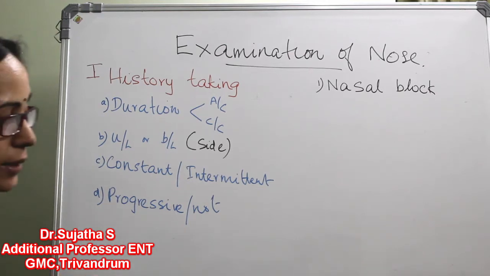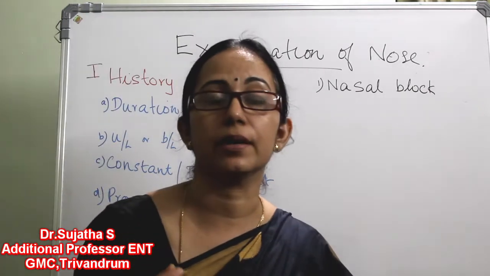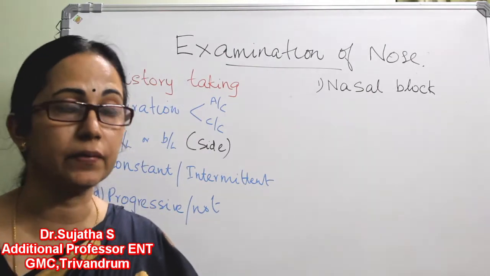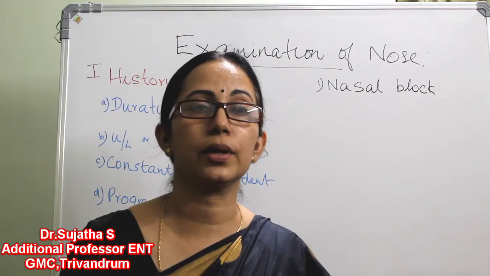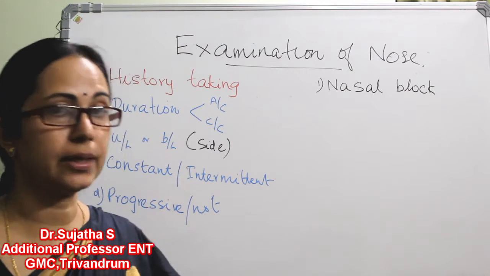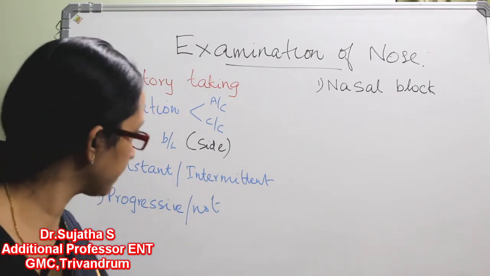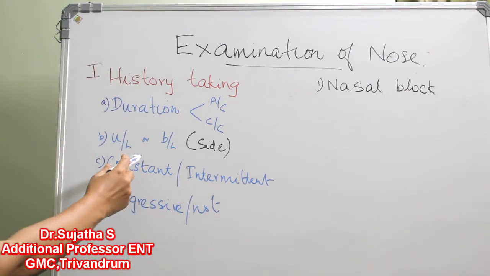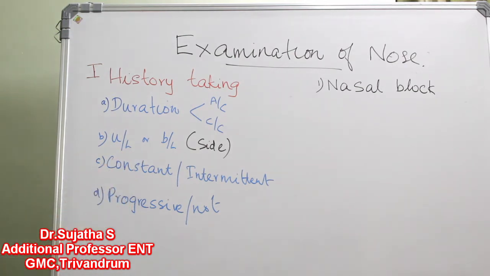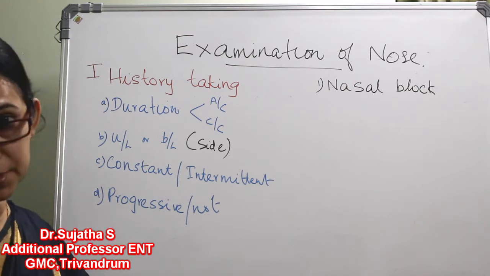Usually the unilateral nasal blocks are seen associated with a deviated nasal septum or an antrochoanal polyp or any unilateral nasal masses, and bilateral is usually seen in ethmoid polyp, allergic rhinitis, or septal hematoma.